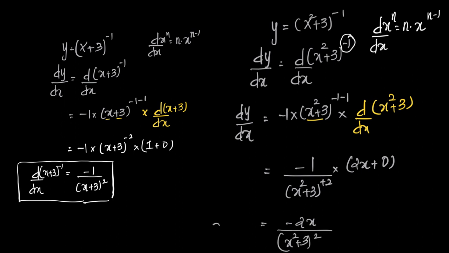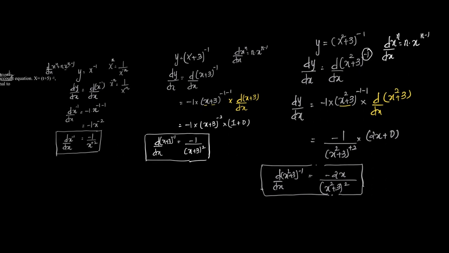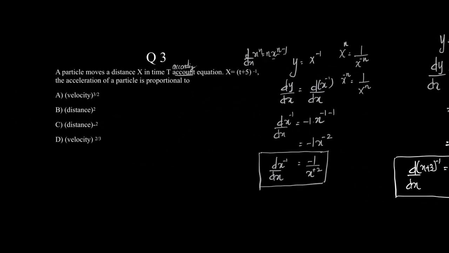So we can say that d by dx of (x square plus 3) the whole to the power minus 1 is equal to minus 2x by (x square plus 3) the whole square. So please watch this a couple of times, right from the first example to the third one. I hope I have given you the clarity.